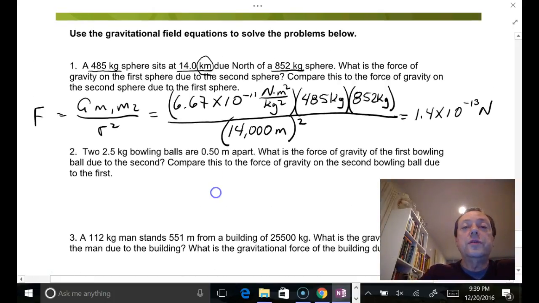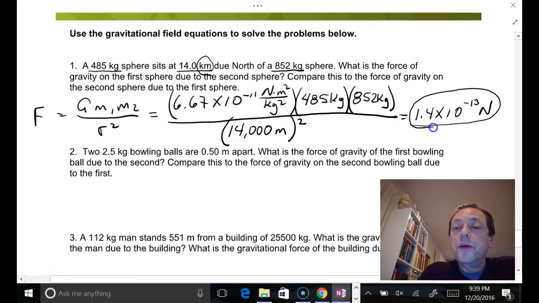The forces are going to be equal and opposite. It's just that they're going to point in different directions. The first ball has a force acting on it pointing to the second, and the second ball has a force acting on it pointing to the first. So for every action there's an equal but opposite reaction. That's what that means.